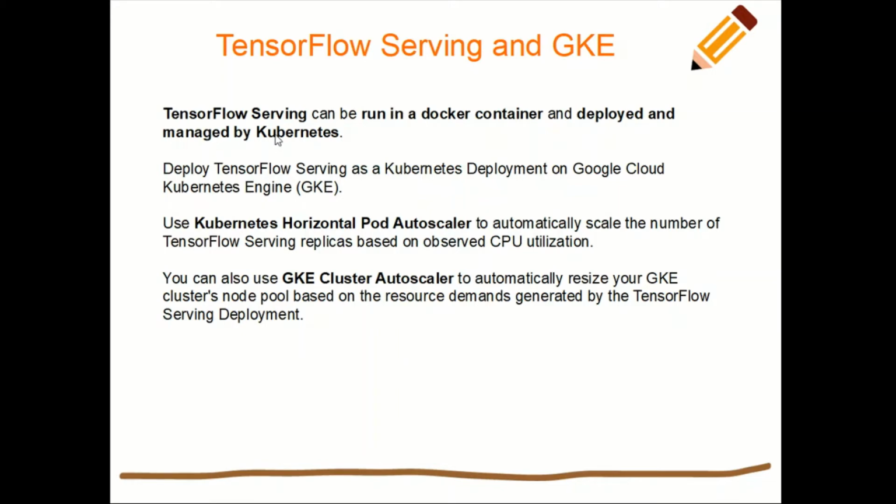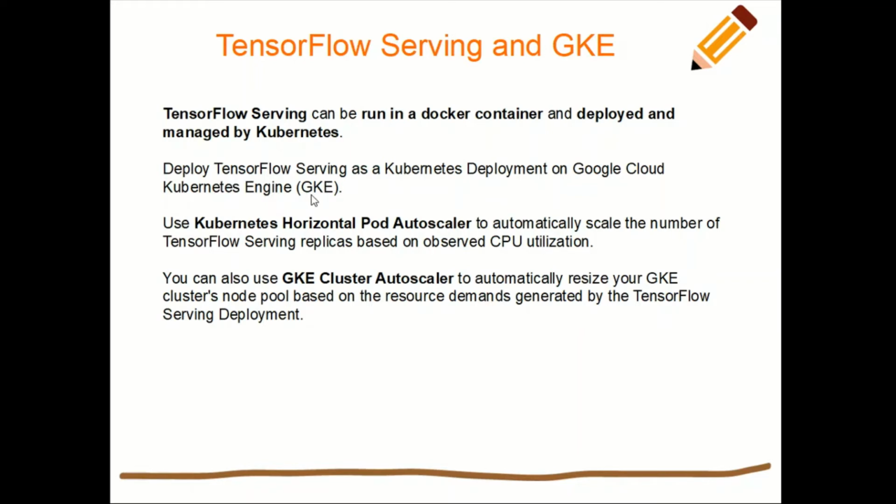What we do in that case is the TensorFlow serving can be run as a Docker container and deployed and managed by Kubernetes, right? TensorFlow serving is designed to run on Kubernetes because TensorFlow serving is a Docker container and Kubernetes can run Docker containers, right?